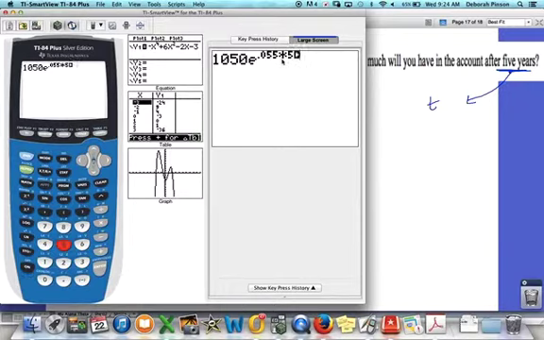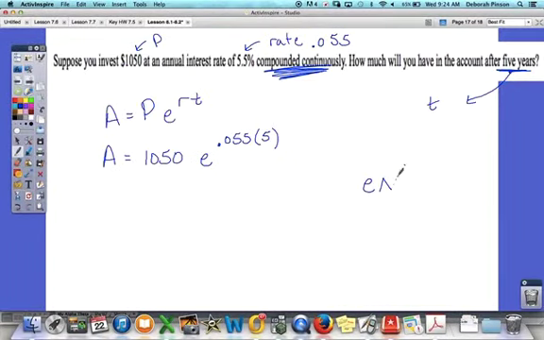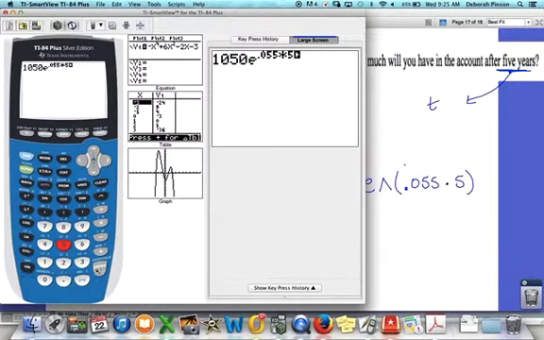If you are a person who has a calculator that the E comes up like this, make sure after you put your stuff in there, make sure you close your parentheses. We don't want the calculator to get confused on whether that 5 is supposed to be up in the exponent or not, because it won't always follow what you mean if you don't tell it exactly. Okay, and then I'll hit enter.